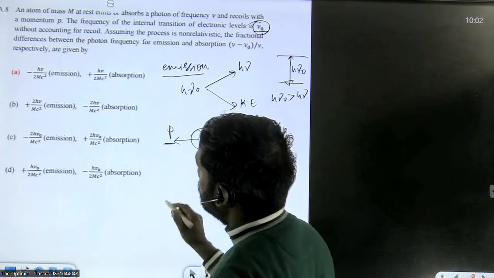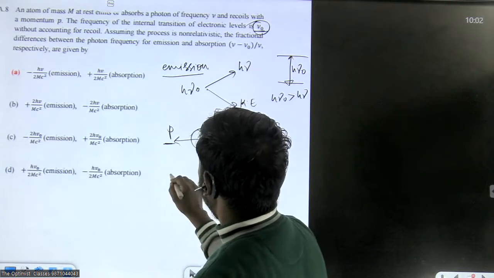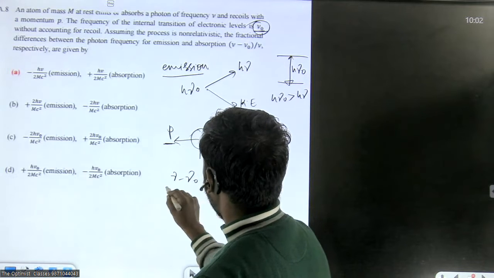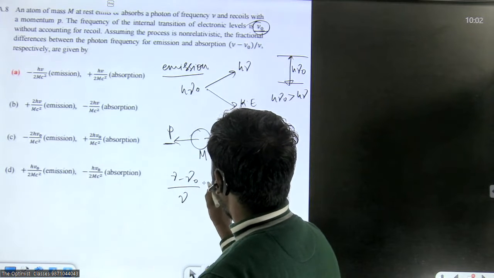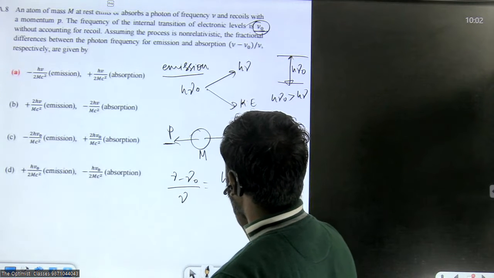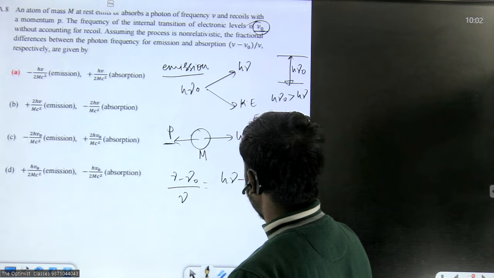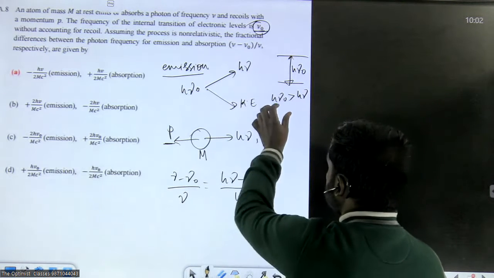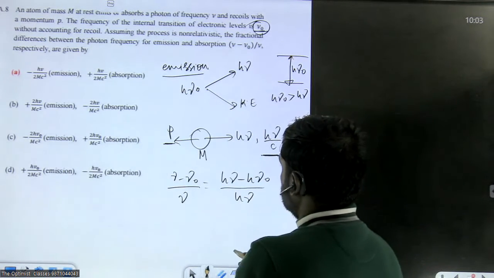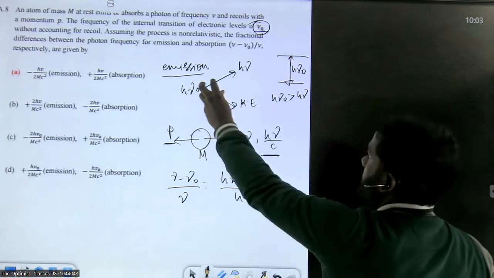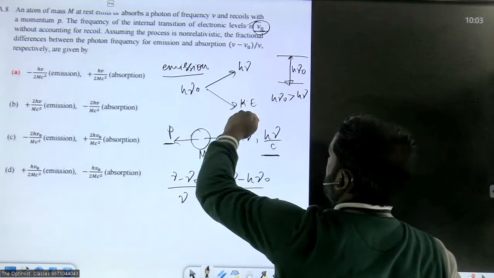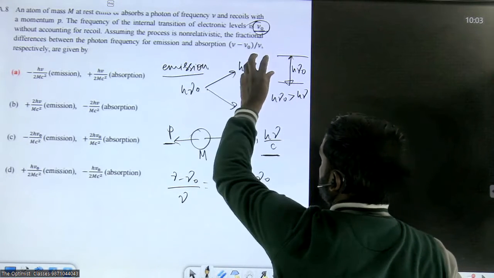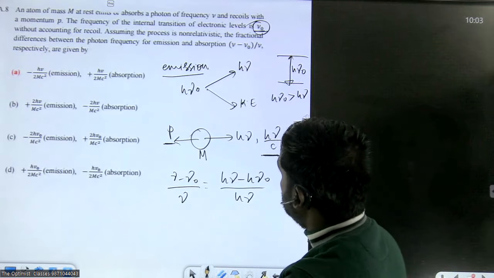So when we calculate the term nu minus nu naught divided by nu, we can write it as h nu minus h nu naught divided by h nu. Obviously h nu naught is bigger, so we get a negative term. This energy is converting into two parts: h nu, and the kinetic energy of the atom.